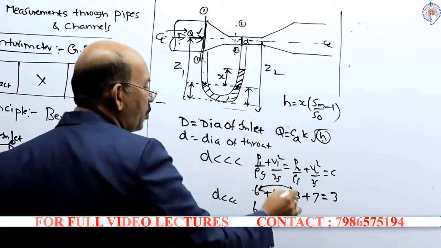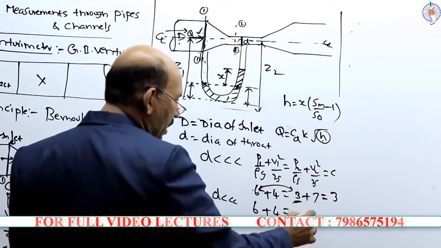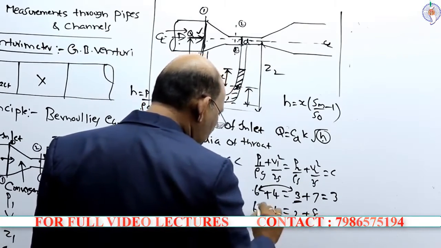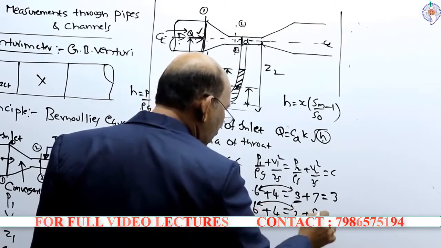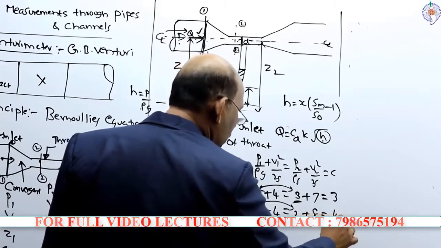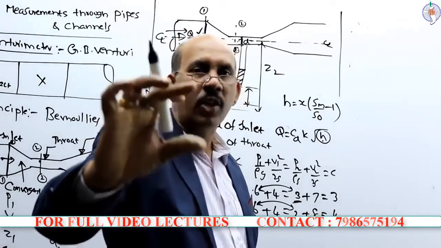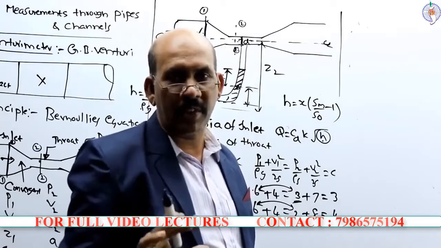So when it further reduces, this particular pressure decreases. Let us say this is 2 and this is 8. And the pressure difference you can see 6 minus 2, this is 4. Like this, as you go on reducing the diameter, you can create more and more pressure difference.